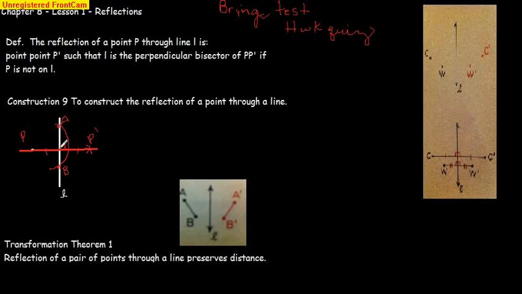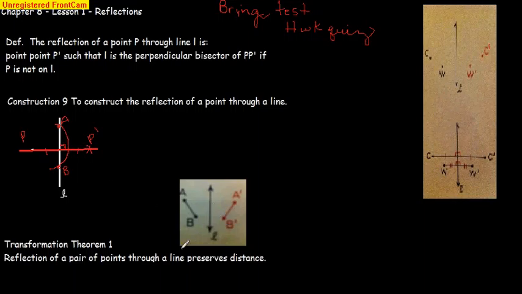If you drew the line from them, these two would be congruent and it would be perpendicular. The reflection of a point is the same distance and it's perpendicular from the line L.